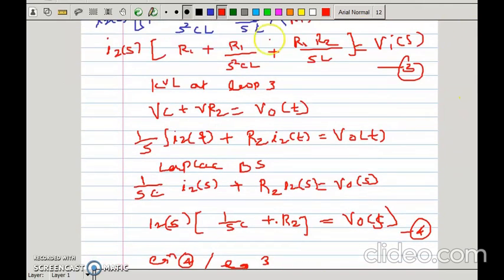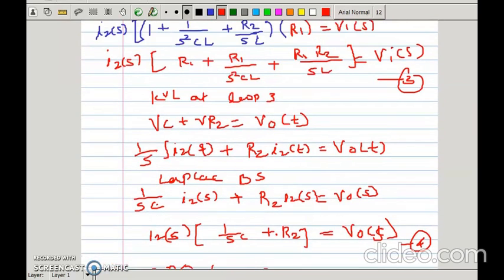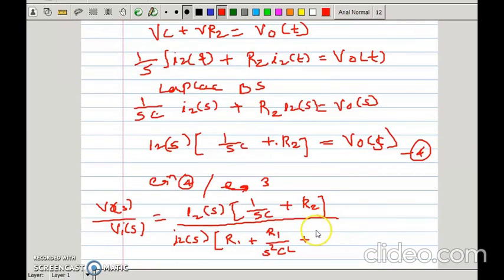Equation number 3 is I2 of S in bracket R1 plus R1 divided by S square CL plus R1 R2 divided by SL. Okay, so this is the equation you get.